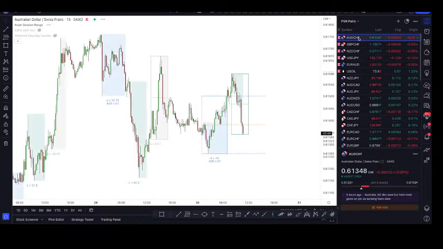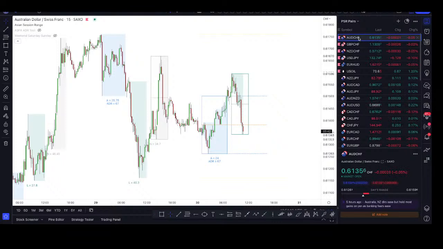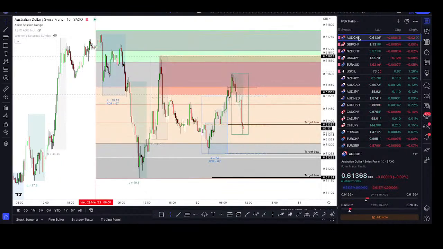Look, ADCHF, beautiful trade call out right there for you guys and girls. ADCHF, let's see if it hits there.